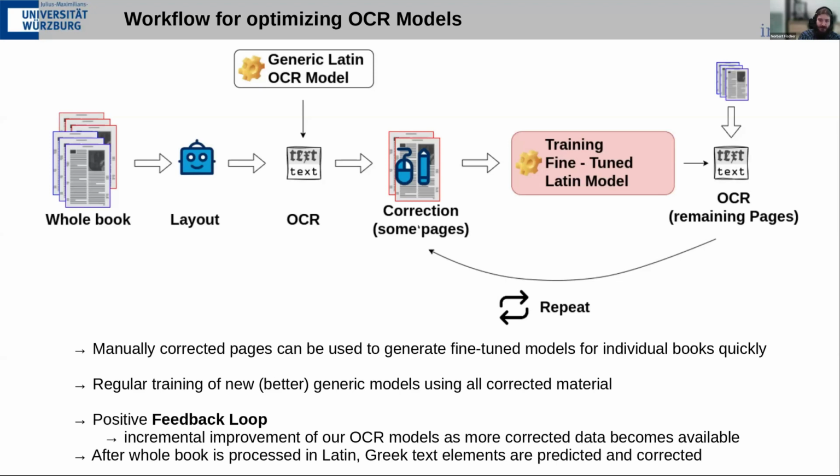And then this process repeats, which means that we correct again some of the newly OCR'd pages, we fine-tune again, and we run the OCR again for the rest of the book. What you can see here is that this actually produces a positive feedback loop. That means that the more we correct, the better our OCR is going to be, especially for the remainder of the book. In order to improve the OCR in general, we also regularly train new, better generic OCR models using all of the corrected material that we have gathered over the time.